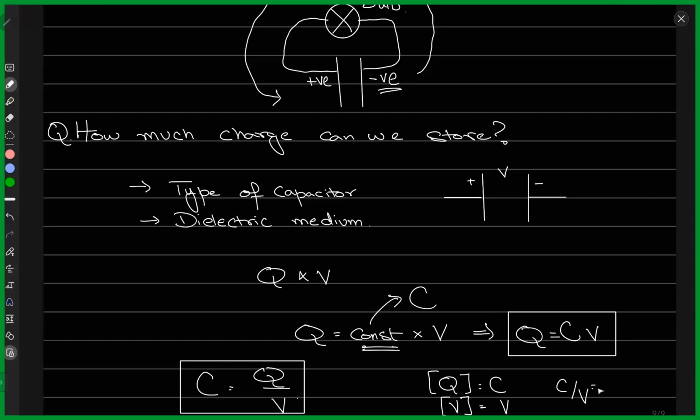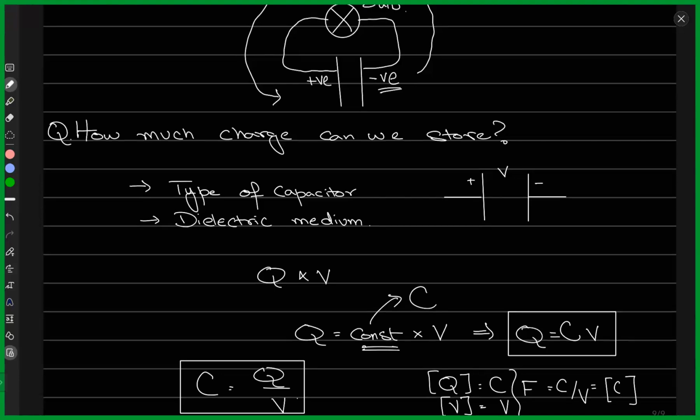And we define a new name for coulombs per volt as farads, right? So the unit of capacitance is farads, F-A-R-A-D, right? So in this way, we can also define a farad.